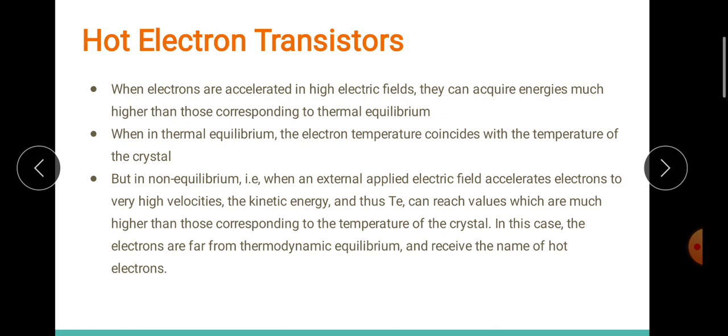This electric field can accelerate the electrons to very high velocities, thus increasing their kinetic energy, and thereby their overall temperature TE, which can reach values much higher than those of the crystal lattice. In such a situation, the electrons which have energy higher than the equilibrium energy level are called hot electrons, and the effect is called the hot electron effect.